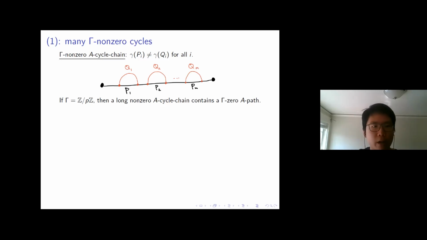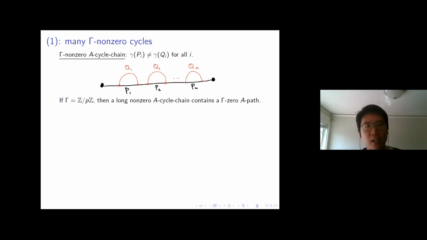This is really where we can see that the Erdős–Pósa property fails when the modulus is composite, because for integers mod 6, you could have an arbitrarily long cycle chain and it's possible to not have a 0 A path.